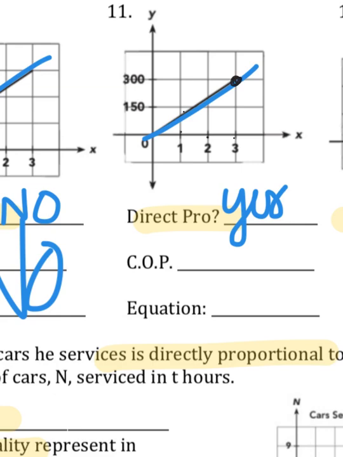Okay, so y here would be 300 over x, which would be at 3. And I would just divide that down to get the k, and that would be 150. Sorry about that. 150. Okay, and so now y equals 150x. That's all. All right.